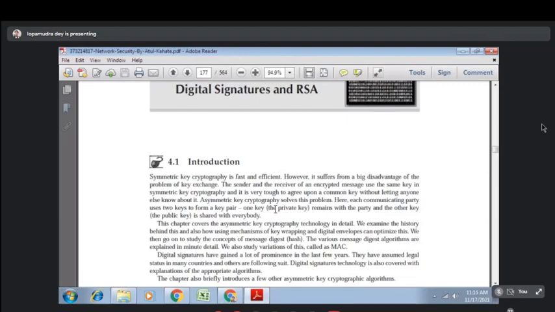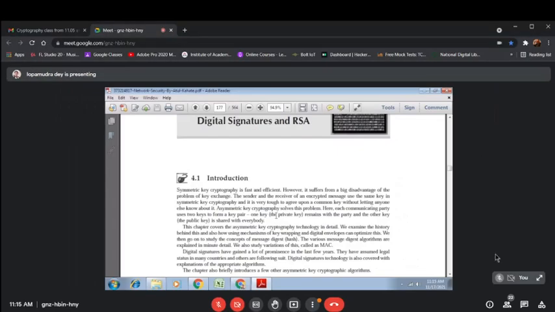It is not like I have the public key and you have the private key. No. Each and every individual will have two keys, one public key and one private key.